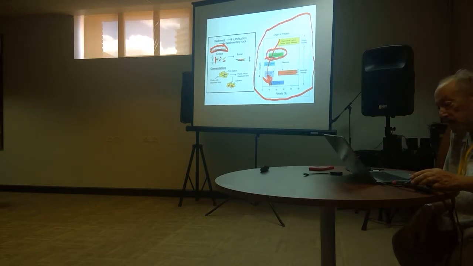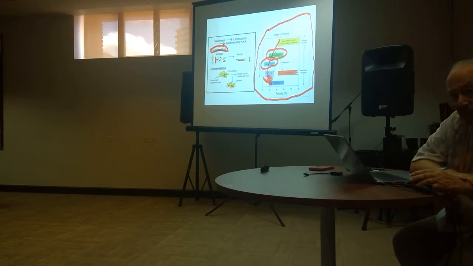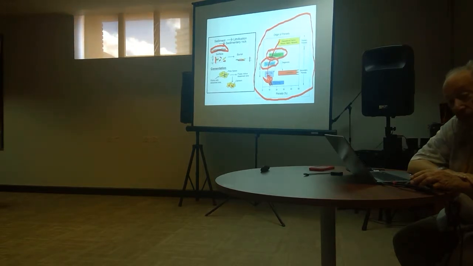Let's look at the process of cementation. If you bury a little bit deeper, fluids that are in the pore space, water in the pore space, often has dissolved elements in it, and under the right pressure and temperature, you can precipitate those elements out and form a cement. So here, for example, I've drawn in blue a pore space that fluids with dissolved ions would flow through, but under the right pressure and temperature, you would precipitate out, and so you now end up in red here with a cement.